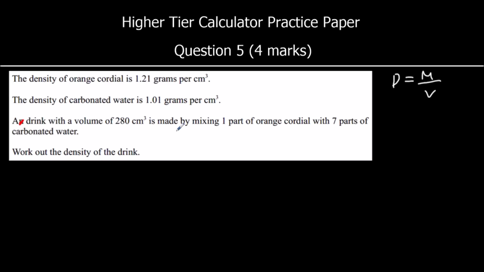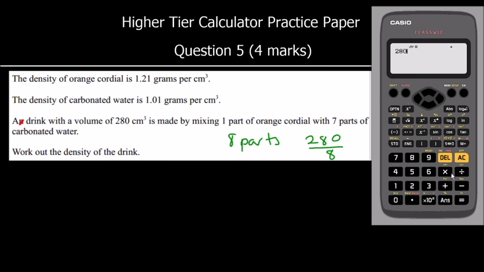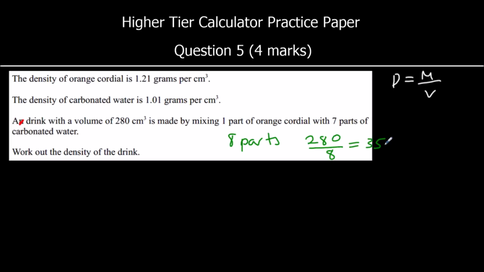We're going to have to work out the mass of both parts. But firstly, we're going to have to use this ratio to find the volume of both of the parts. So 1 part to 7 parts. That means there are 8 parts in total. 280, which is the total volume, divided by 8, means that each part is 35 centimeters cubed.